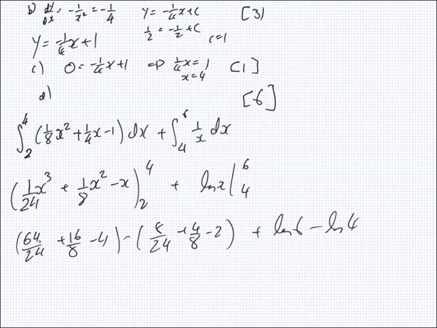Now don't tell me, I can do this. You just tell me if I get it right, which I will. 68 minus 8, so what's that, 56? Over 24. 16 over 8 minus 4 over 8 is 12 over 8. Minus 4 minus minus 2 is minus 2, plus log 6 over 4, which is 3 over 2.